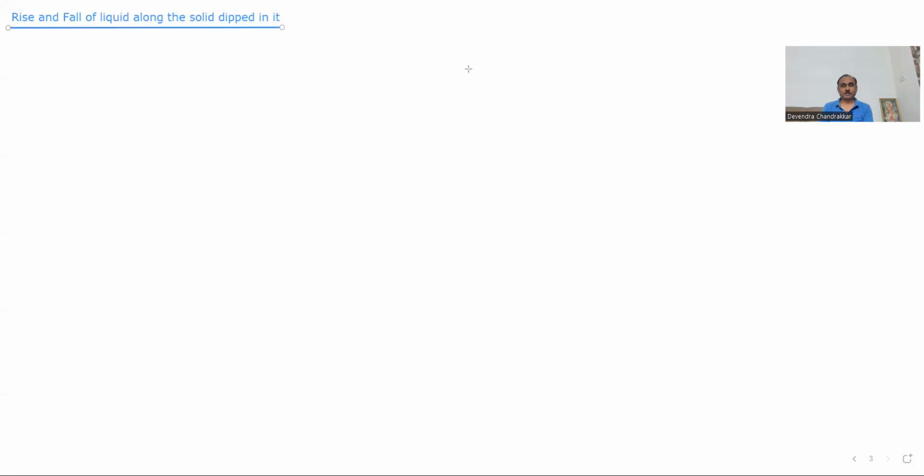Now, all of you pay attention. The solid surface seems to be like this, right? It's a glass plate. Please pay attention. This is very important to understand. All 11th standard students and all 12th standard students, you see what is happening. You just remember the data points, okay? So this is a glass plate which we have.